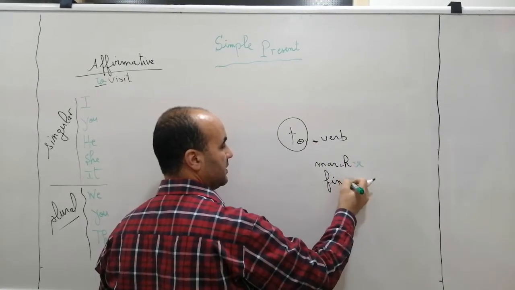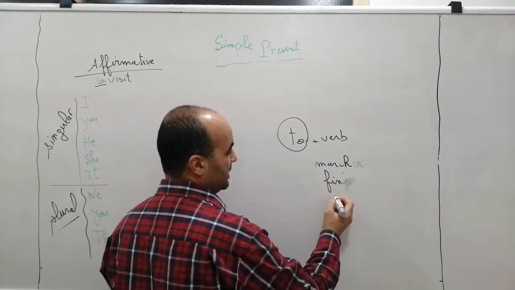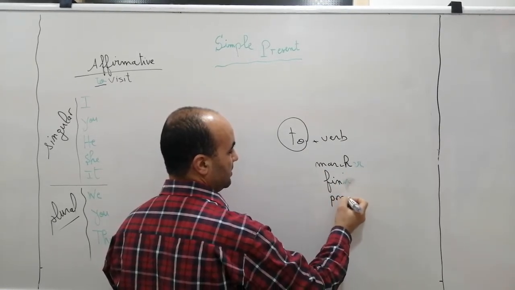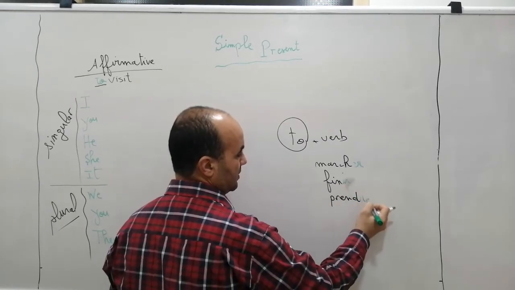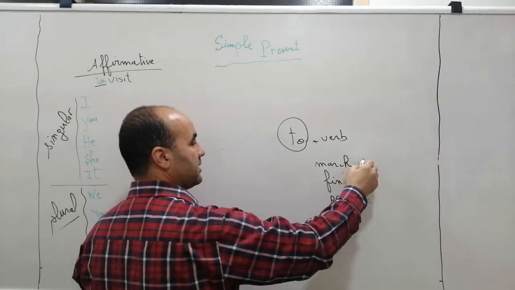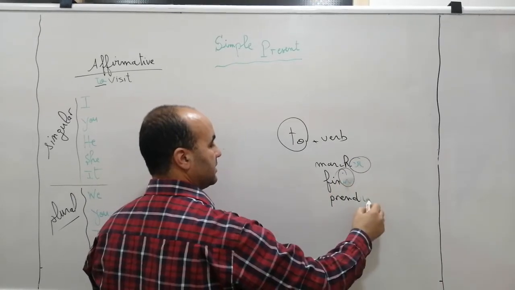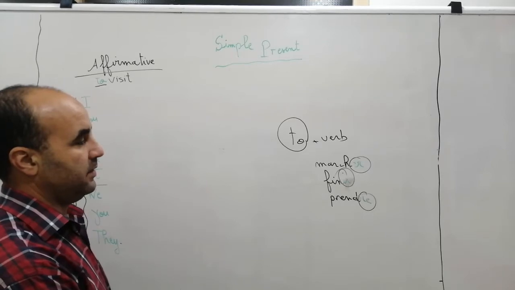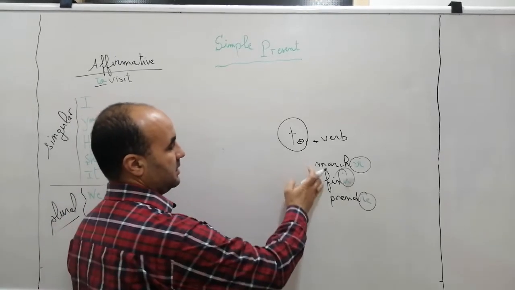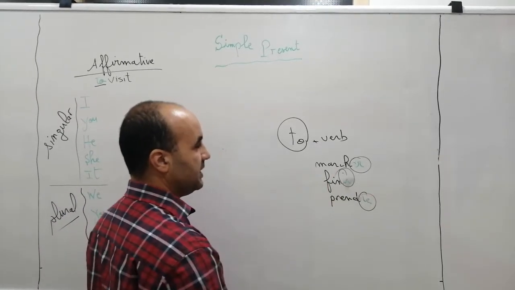So, prend something like this. ER, IR, for example, prendre in French. Okay, so the endings of the verbs in French which indicate the infinitive.